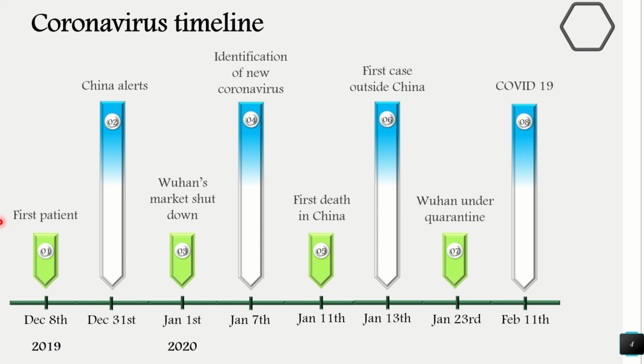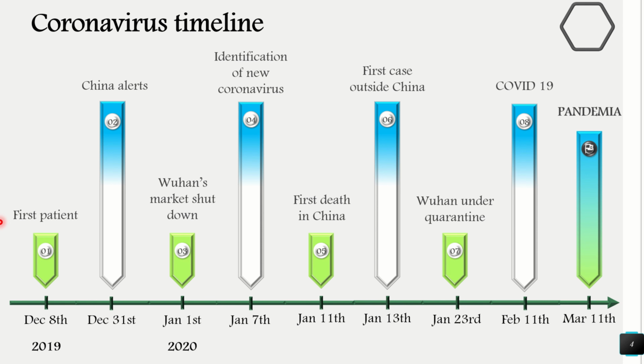CO means corona, VI virus, and D makes reference to disease. 19 is for the year of its discovery, 2019. The World Health Organization recognized the disease as a pandemic on March 11, 2020, more than 2 months after China alerted about the pneumonia cases.